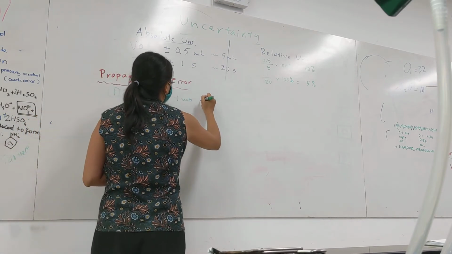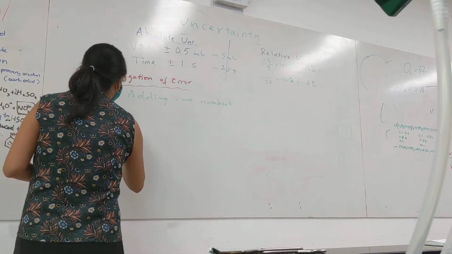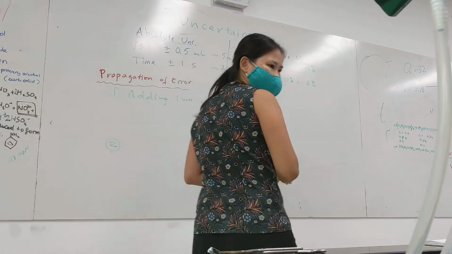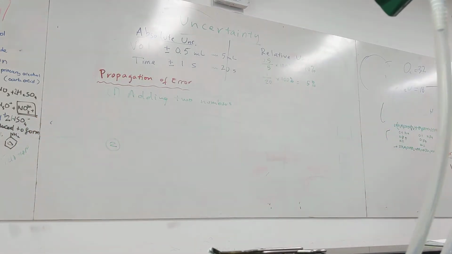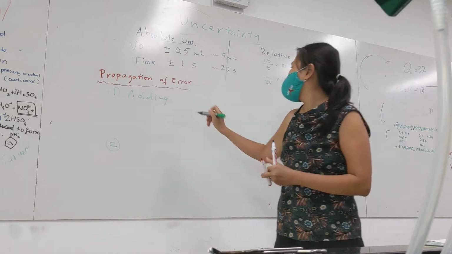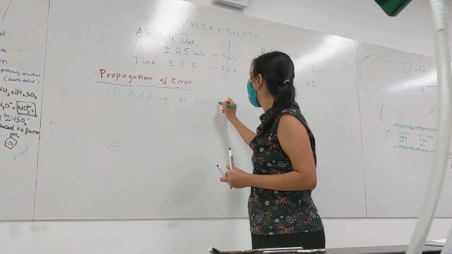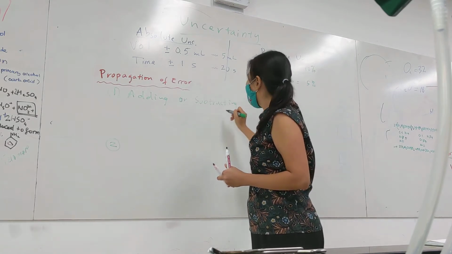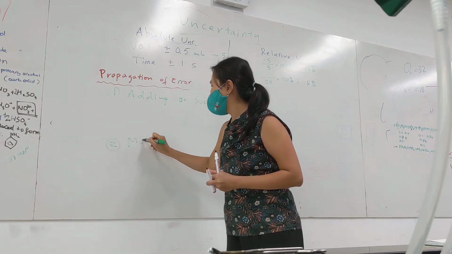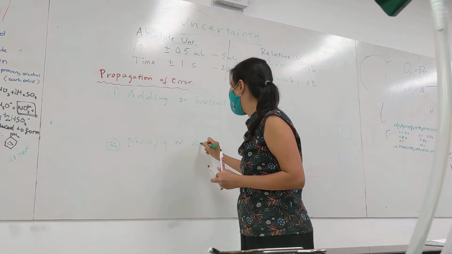two numbers, or in the second case, you could be adding or subtracting two numbers, subtracting. You could be dividing or multiplying, right? Multiply or divide.